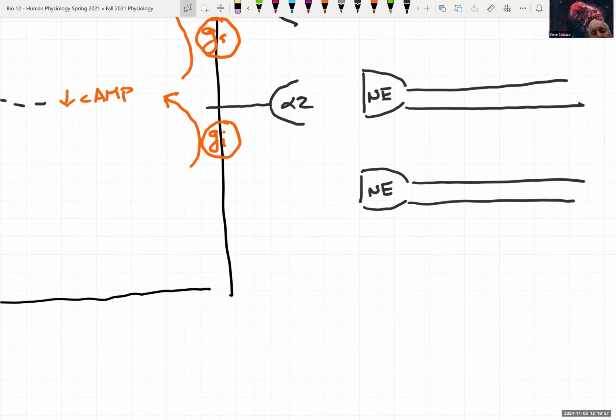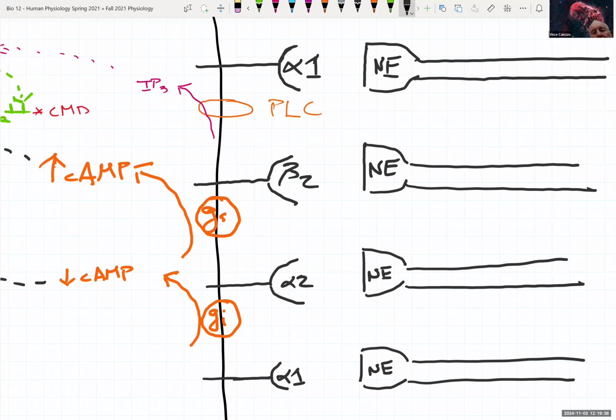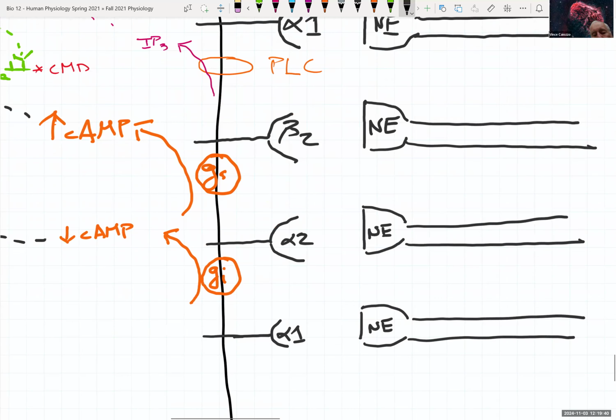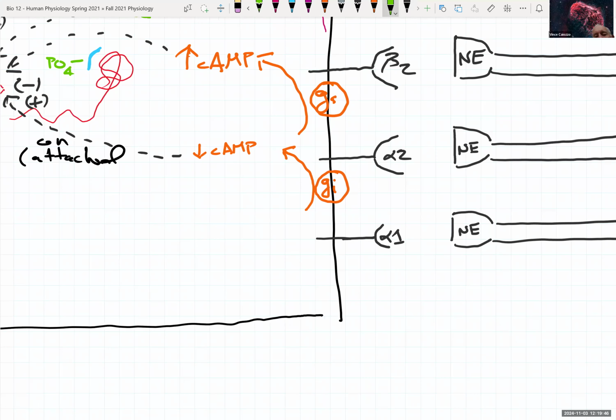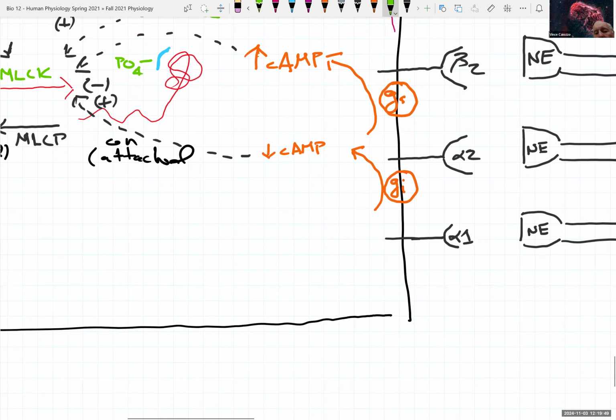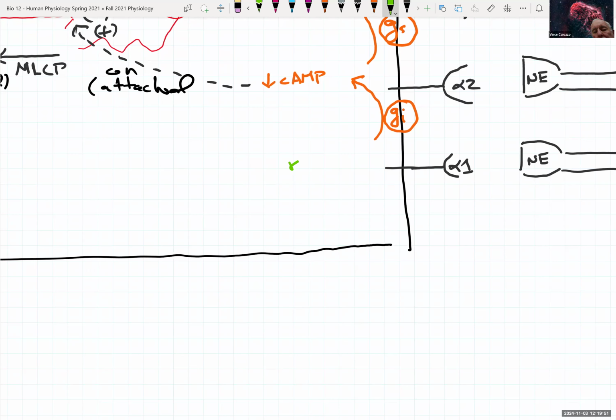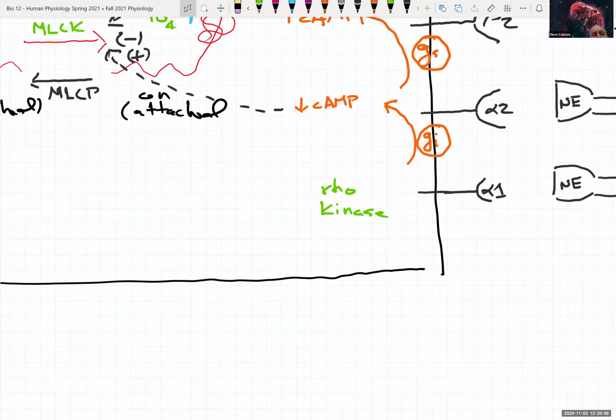And here, norepinephrine is acting on alpha-1 adrenergic receptors. So we showed alpha-1 adrenergic receptors up above, regulating the levels of IP3, but simultaneously, they're regulating the levels of a molecule known as Rho kinase. And Rho kinase actually is acting on myosin light chain phosphatase.